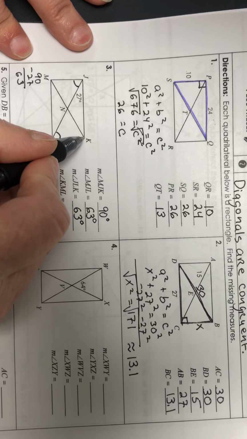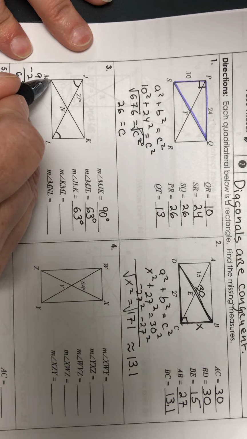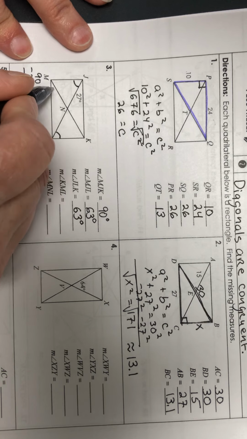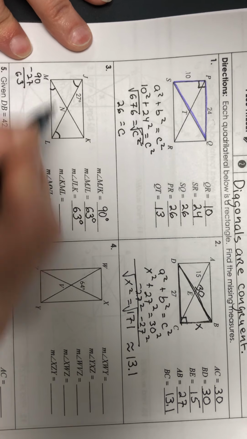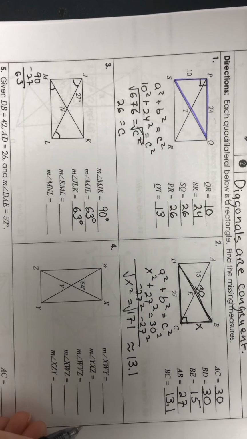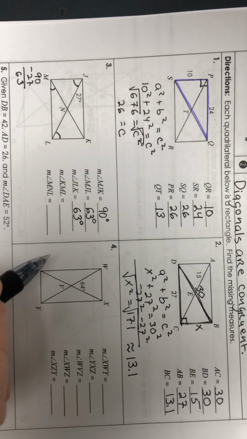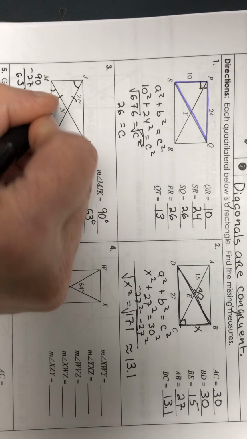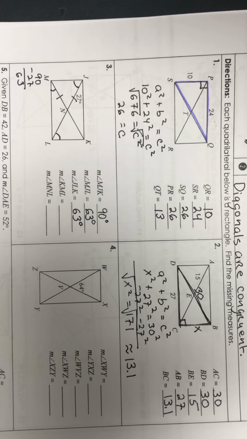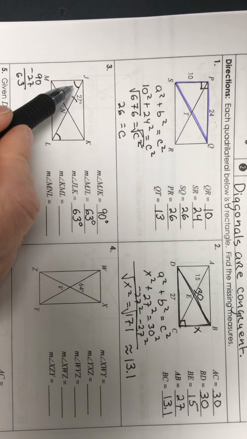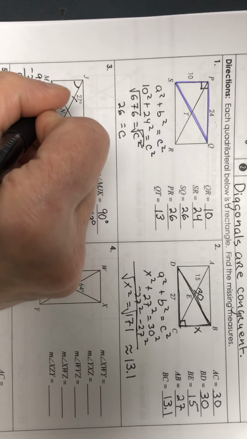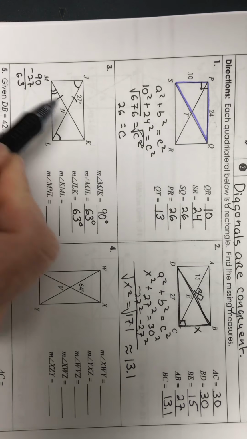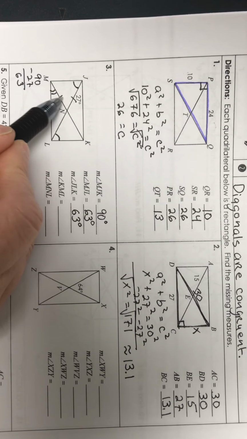KML, this angle. All right, a couple different ways to look at it. This is an isosceles triangle. If this is 63 degrees, probably should put double arc there. This is an isosceles triangle.